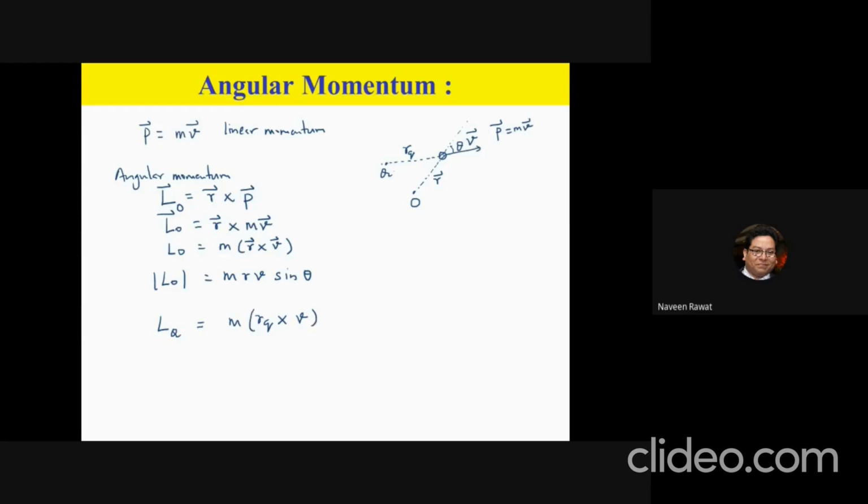Because the angle between them is 0, I will get the value of the angular momentum as 0.